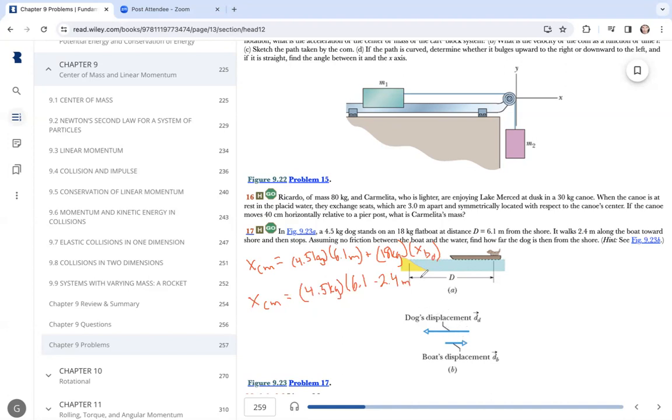So there was going to be whatever the change in the position of the boat is. So plus XB, like that. And then you would have the position of the boat, this value from the boat, 18 kilograms times X, the new position of the boat, minus the old position of the boat.